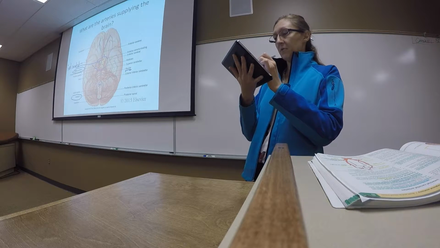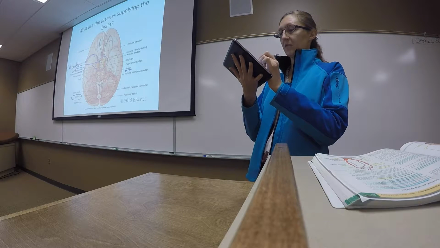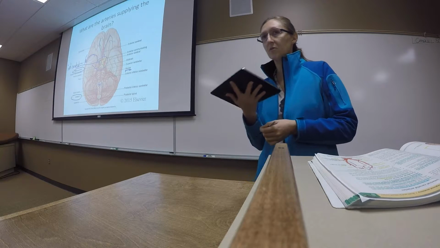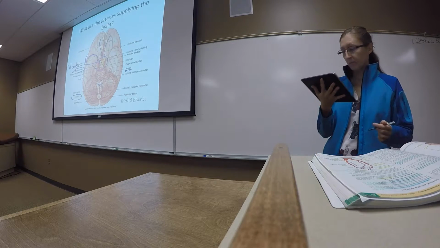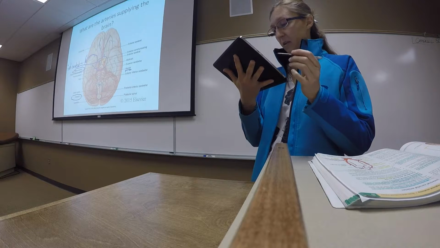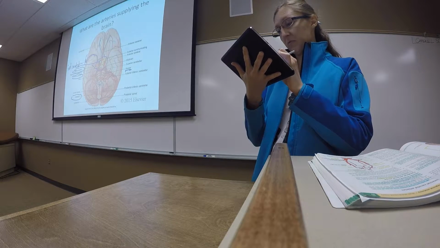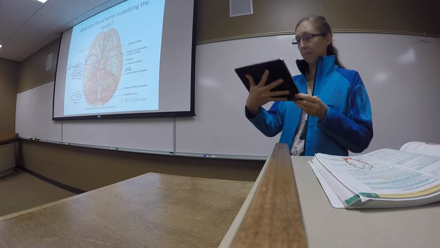So here's the temporal lobe right here. It's coming out underneath it and will emerge on the surface of the cerebrum between the temporal lobe and the parietal lobe. And then finally our posterior cerebral here branching off the posterior portion.